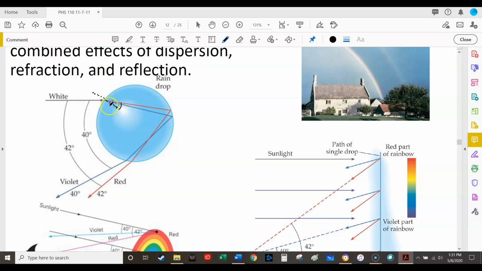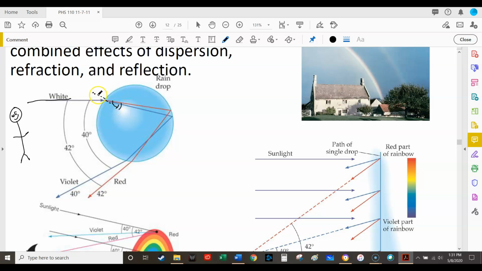But here's what's really interesting. So the white light is coming in. You're standing over here. And white light is going to be coming in, and this is a huge water molecule. It's not to scale. Anyways, so the white light is coming in.